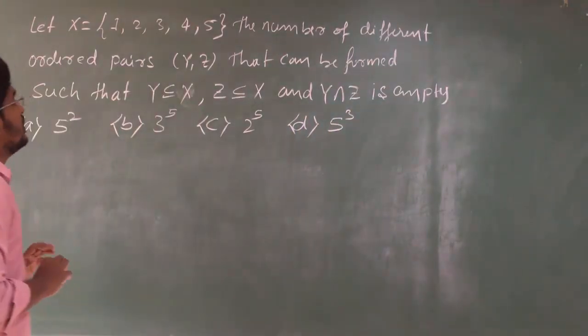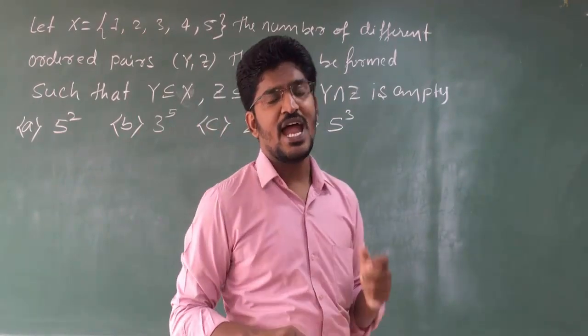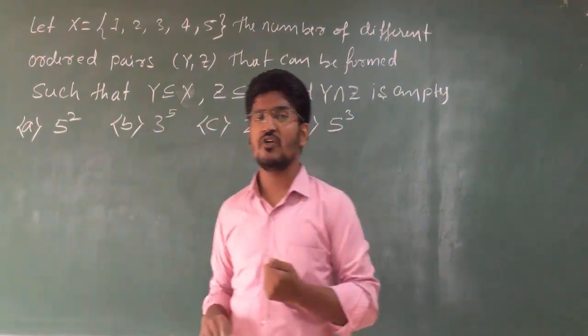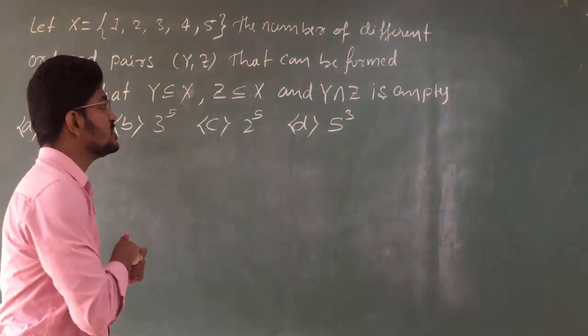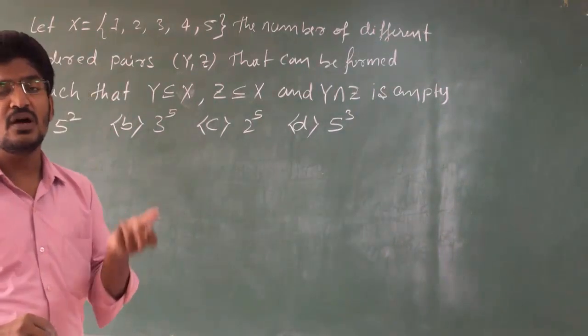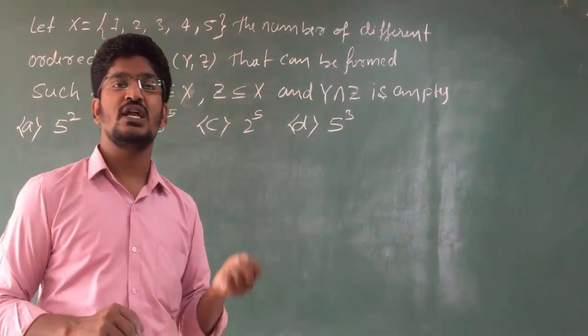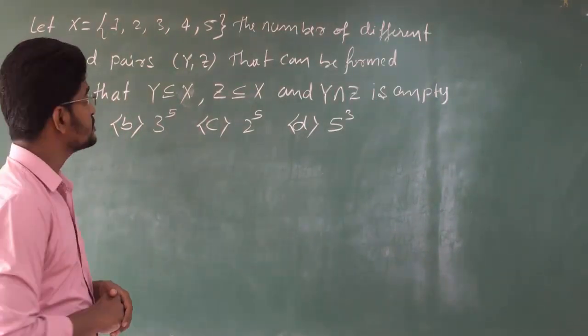Clear? Here you have to understand the question very carefully, and apply knowledge of some other things. It is not completely based on sets. It also has some different applications of permutation and combination. You must understand that clearly.